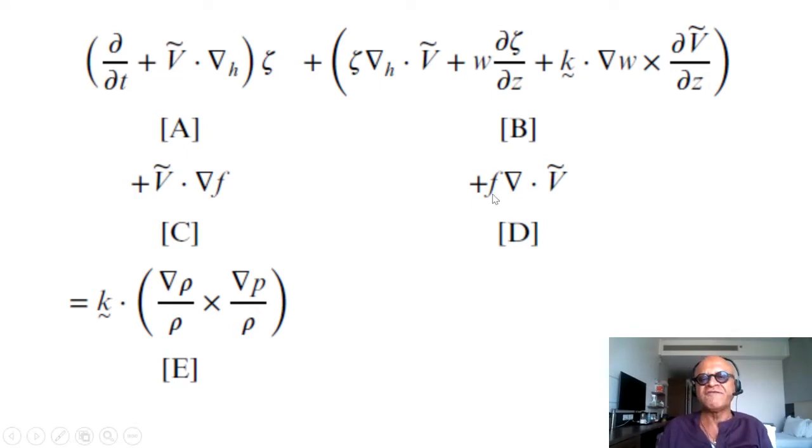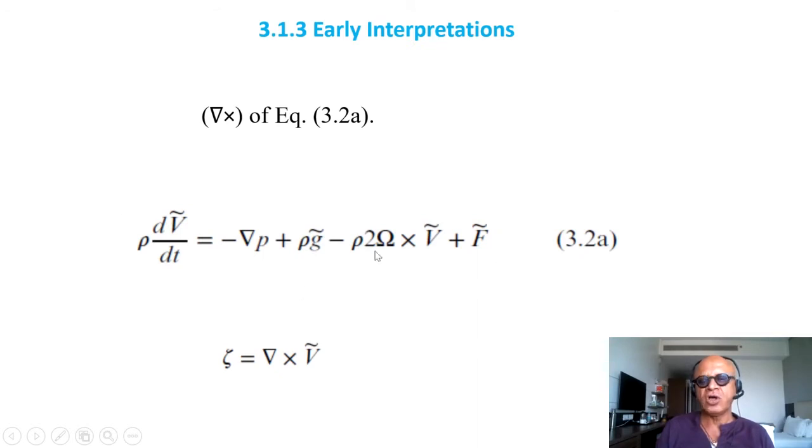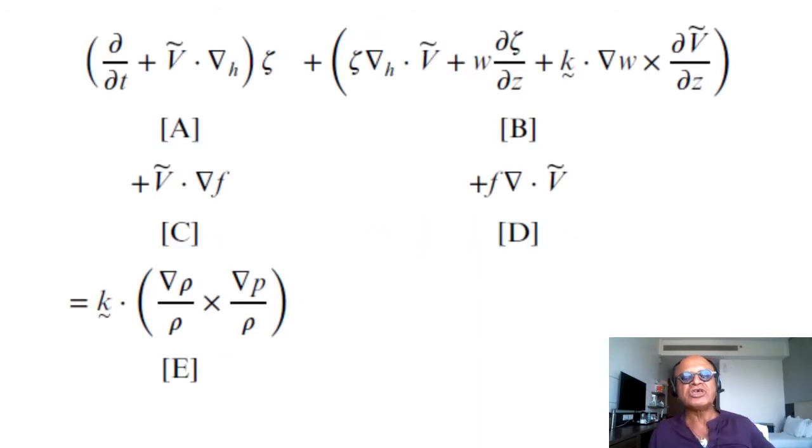And of course the divergent flow is being affected by the planetary vorticity itself. This is equal to the famous baroclinic term we looked at, the baroclinicity vector, grad rho cross grad p. Here we are dividing by rho, taking the rho from this side and putting it over here.